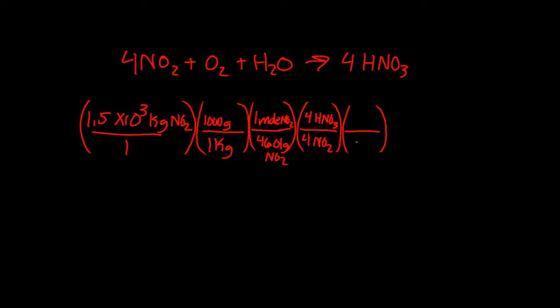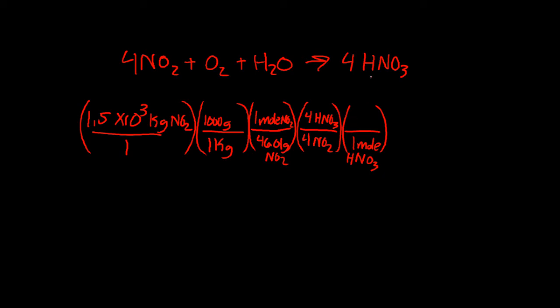So then the last couple steps here are converting back into grams. So for every 1 mole of HNO3, I will have, I'm going to add this up real quick, 1.01 for the hydrogen, plus 14.01 for the nitrogen, plus 3 times 16 for the oxygen.